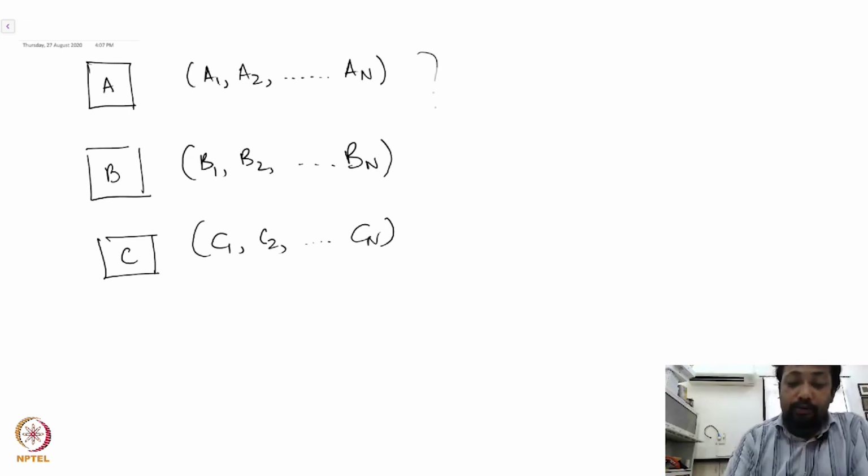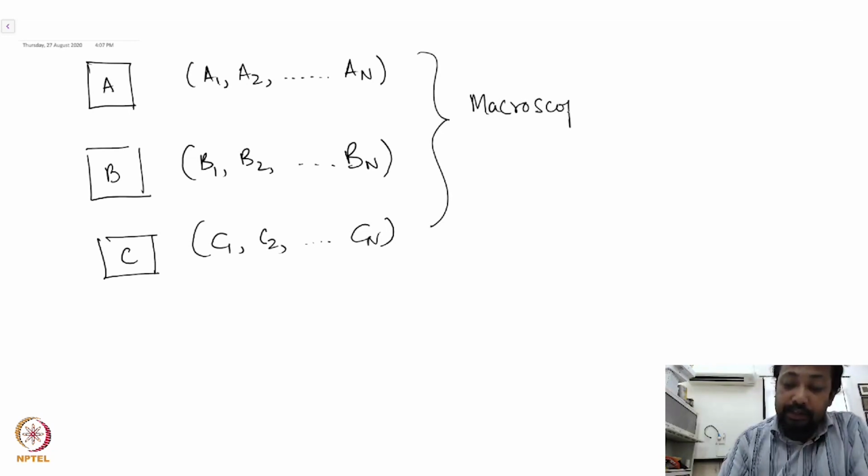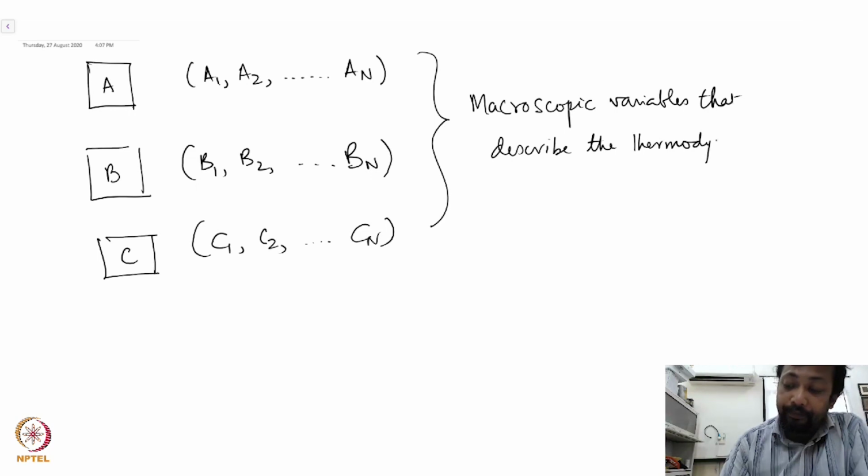So these are my macroscopic variables which we discussed in the last class, which describe the thermodynamic state of the system.